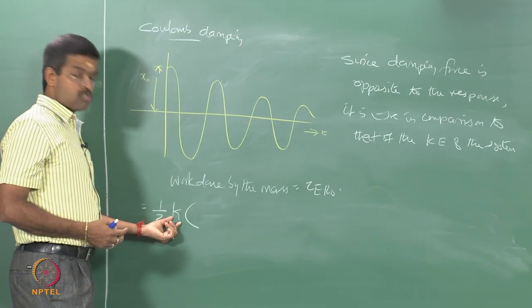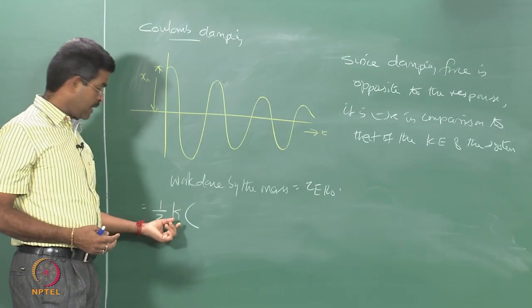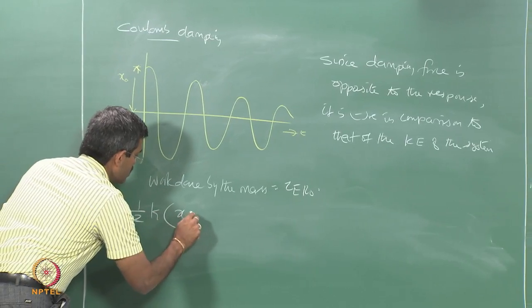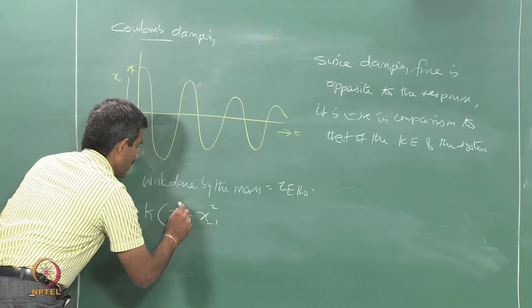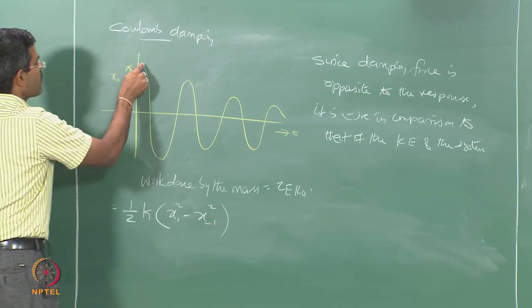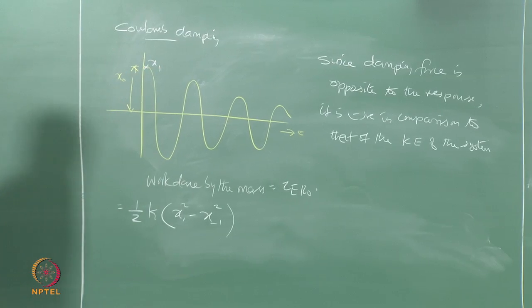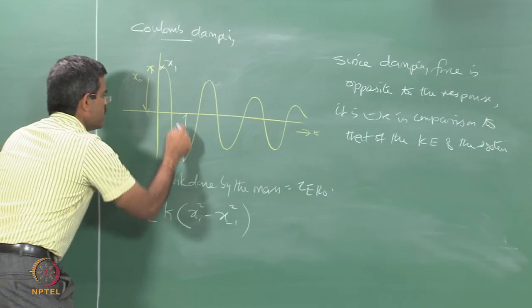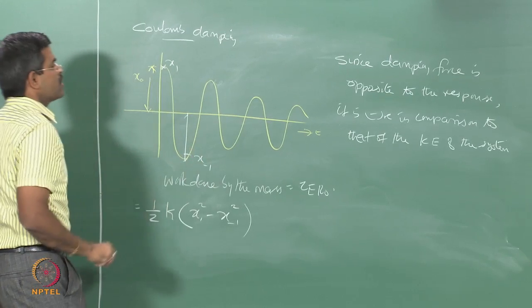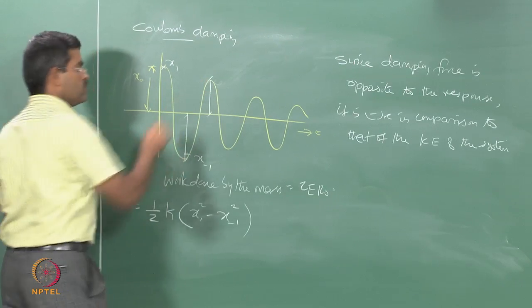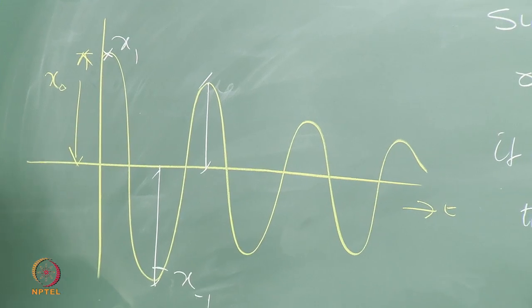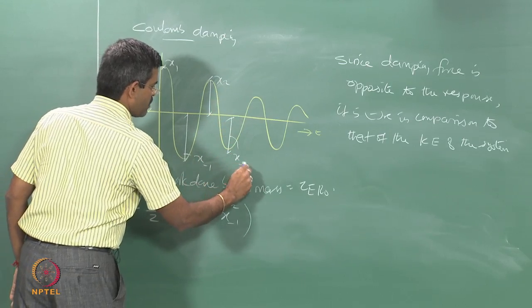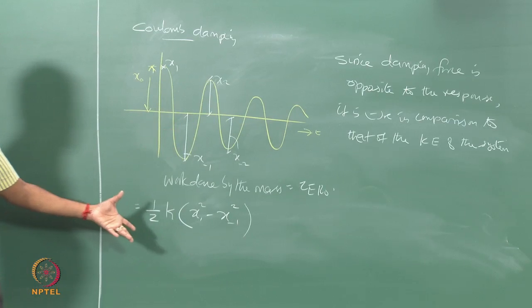We have a restoring force which is half k x square, k is the spring stiffness, therefore, I write here as x1 minus x minus 1 square. If you call this as x1, I will call this value as x minus 1, this value as x2, this value as x minus 2 and so on for the legend.